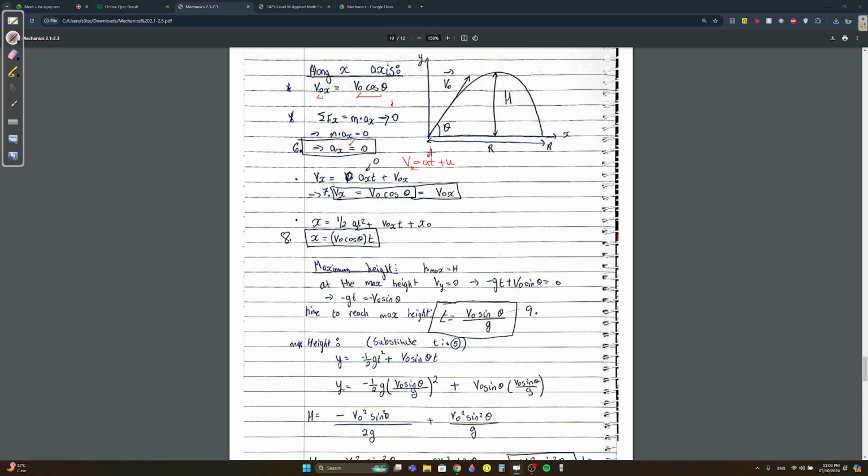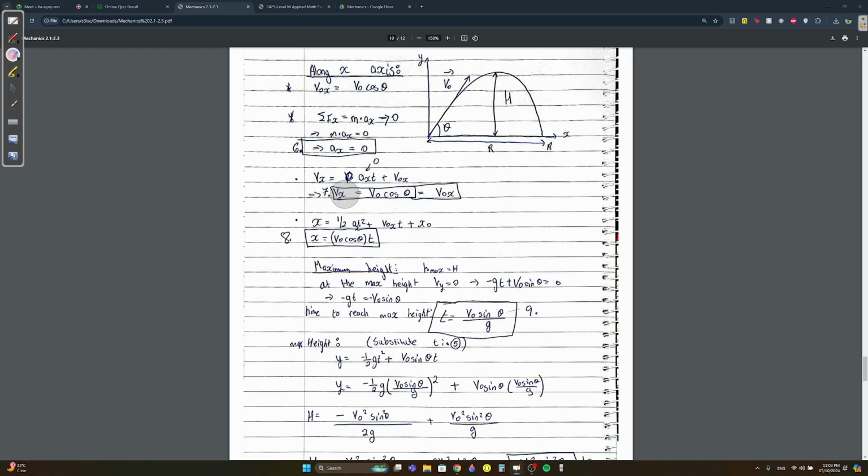Since the acceleration is 0, Vx is equal to u. And u is the initial velocity, so it is equal to v naught x. So what's v naught x equal to? The x component of the initial velocity, it's v naught times cosine theta. That's how I just derived it.